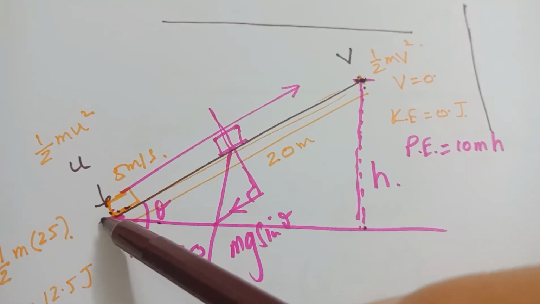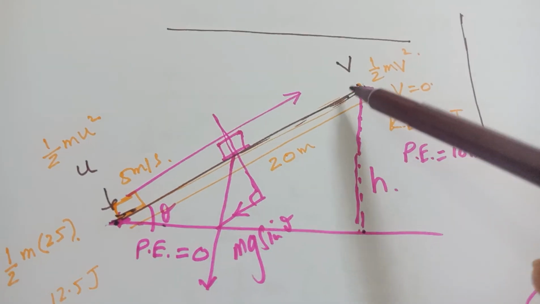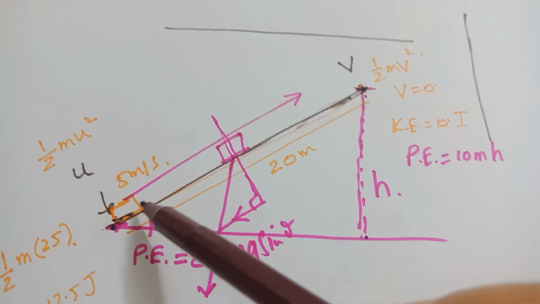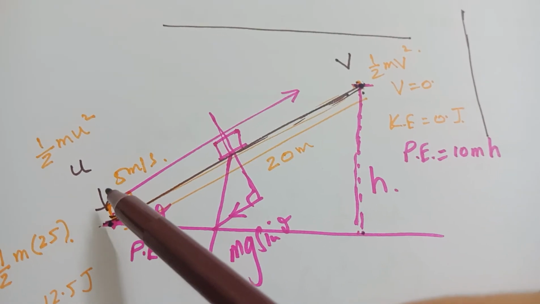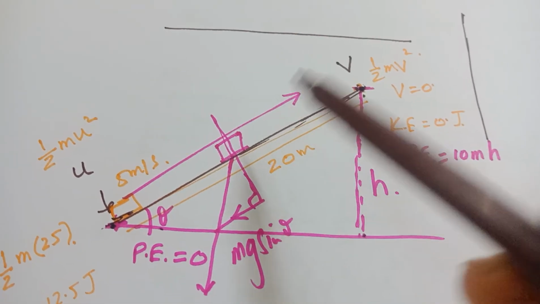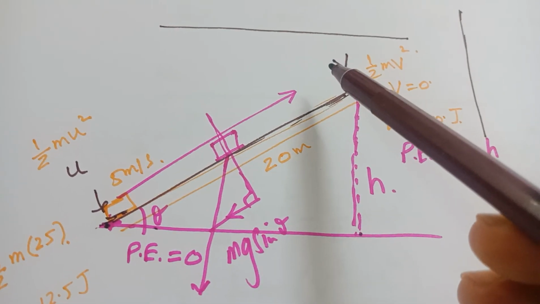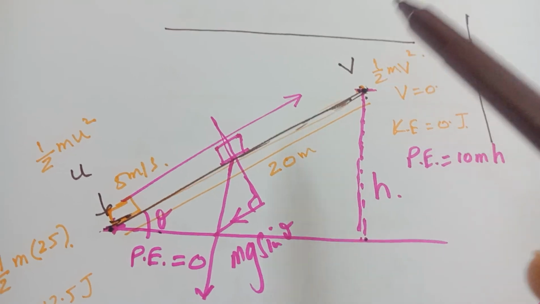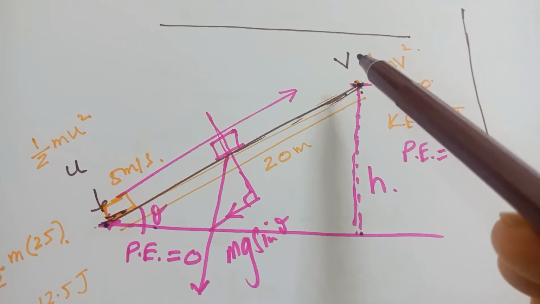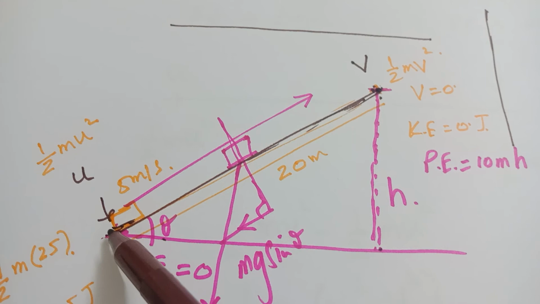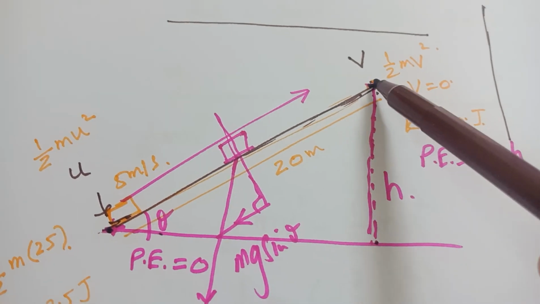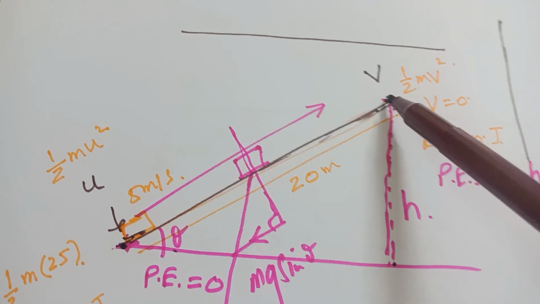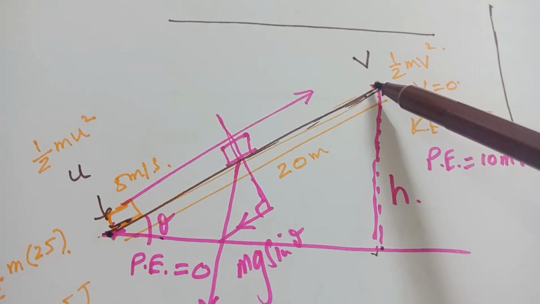So if an object is moving purely under gravity, and there is no external force involved, if it gains kinetic energy it will definitely lose potential energy. If it loses kinetic energy, it is definitely gaining potential energy. Like you see that when it goes from this point to this point, it is losing its kinetic energy, but at the same time its potential energy is increasing.